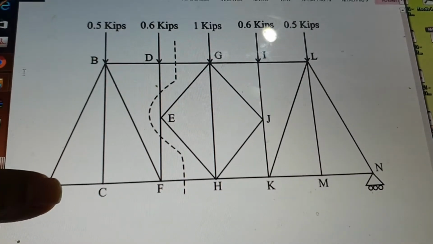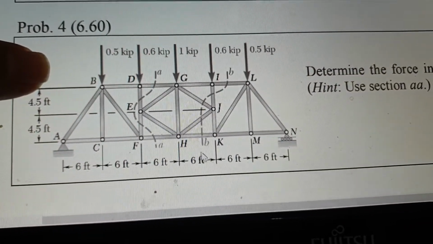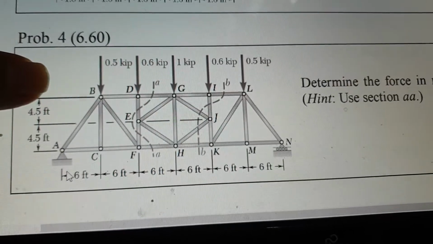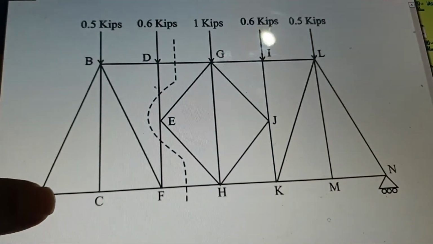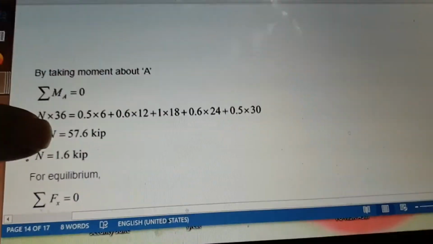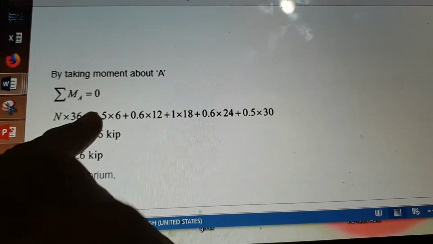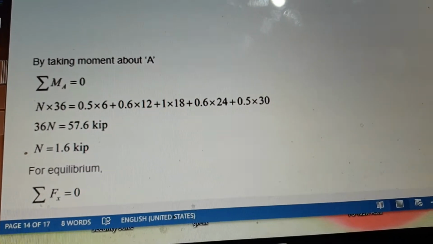So N times the perpendicular distance, which is 6, 1, 2, 3, 4, 5, 6. So N times 36. And it seems that everything else is negative, which means it's going to be clockwise. Let's see.